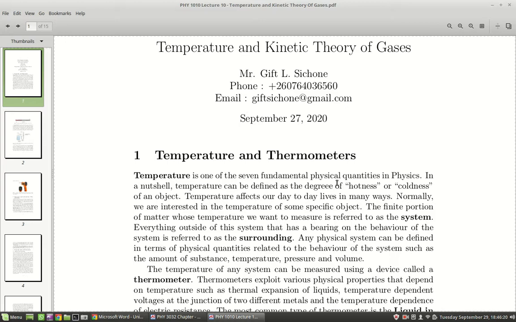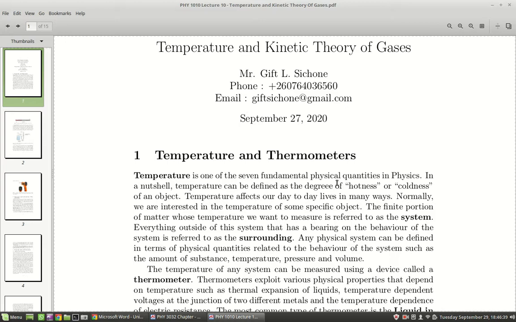That's what temperature is. Okay, and when you are talking about temperature, usually you are interested in the temperature of something. You are not interested in the temperature of each and every object which is in your sight.